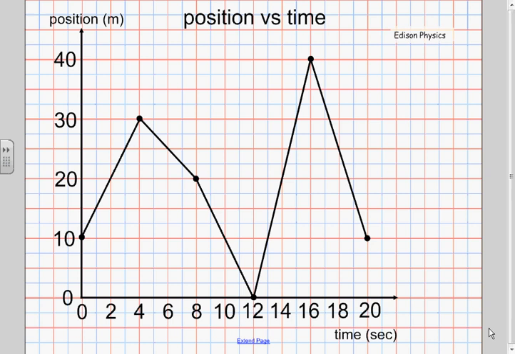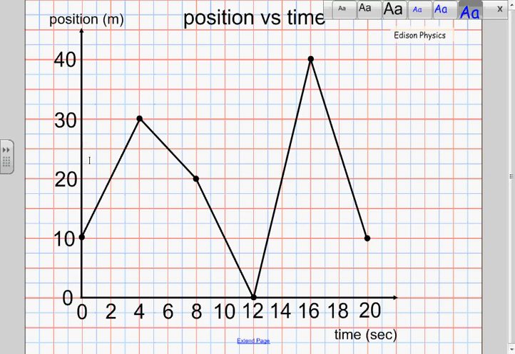Okay, so suppose I want to calculate the speed for the first 4 seconds. In order to do that, I need to know the distance I traveled for those 4 seconds. I need to know the time it took. All right, so how do I find distance when I look at this graph? Well, distance is how far up did I go.